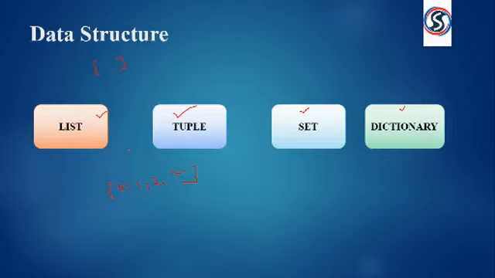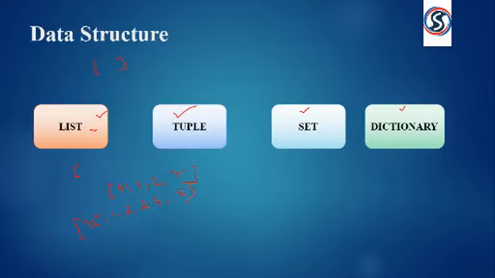So I was discussing the list. A list is an ordered collection of items enclosed in square brackets. The elements in a list can be heterogeneous. What is the meaning of heterogeneous elements? Suppose I am writing the elements within a list: a, which is a string, 1, 2.3, and after that b. Heterogeneous means a mixture of different data types.